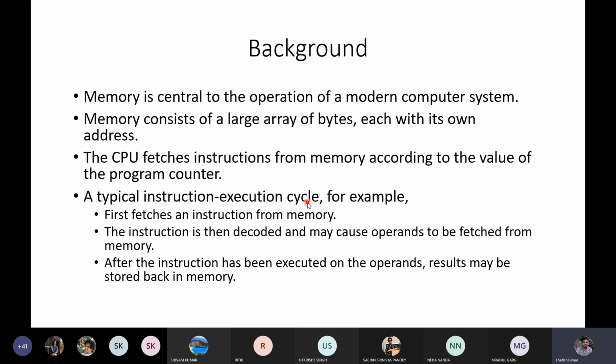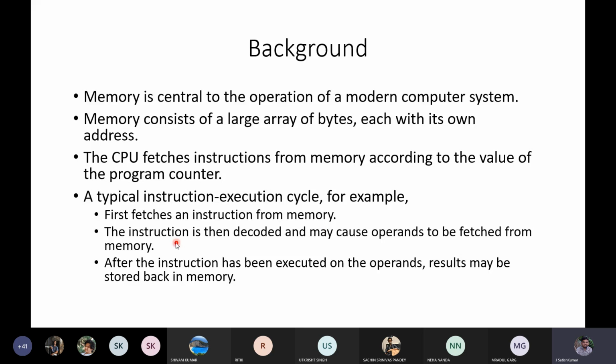Typical instruction cycle: when an instruction is executing, the typical cycle follows like this. The instruction is placed in the memory. When you write a program, it will be converted into executable code, which will be placed in the memory by converting that program into a process. First, the CPU fetches the instruction from memory.